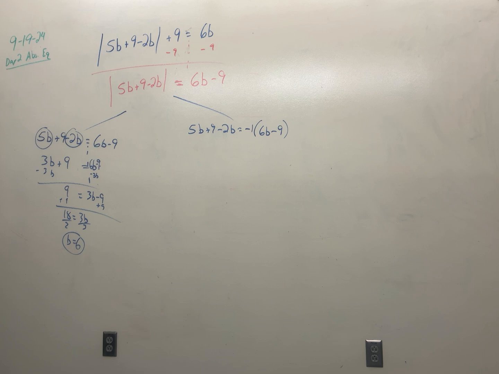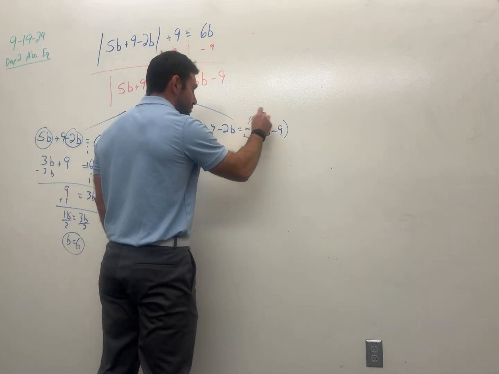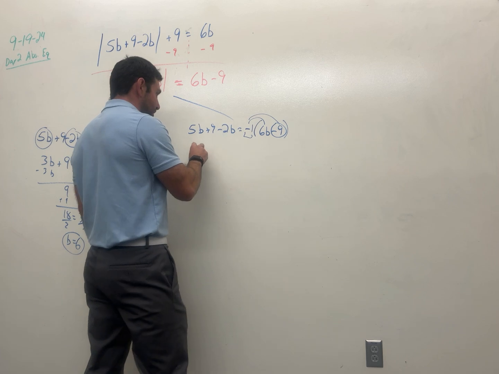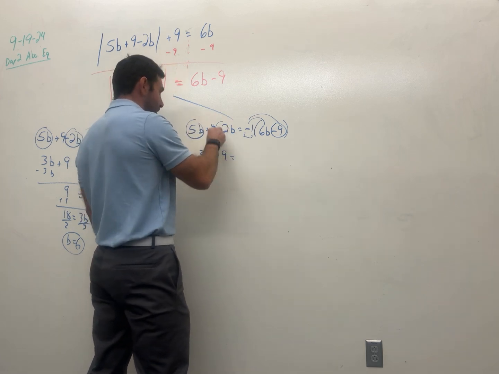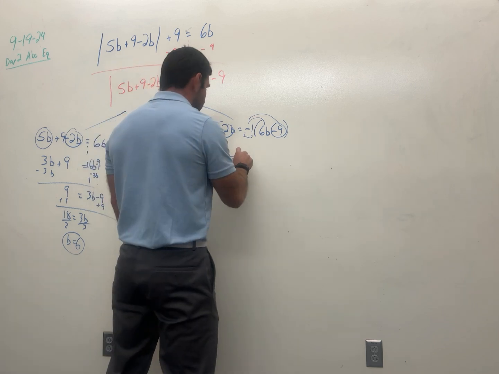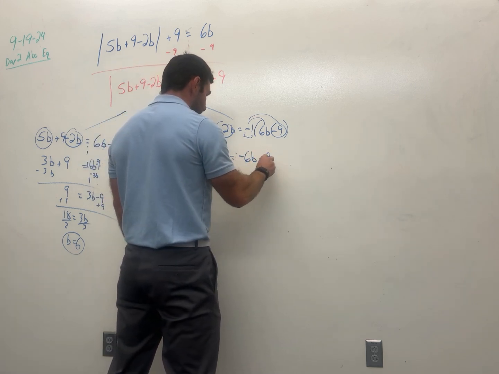Questions on that one? Now would be the time. Did I make a mistake somewhere? I don't think so, because I'm pretty amazing. Questions there? Then on this side, distribute. That gives me 3b plus 9, because I combined, equals negative 6b plus 9.